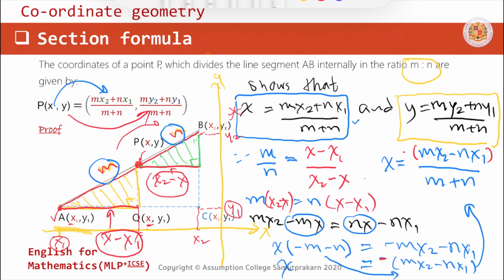You have negative there, right? And when you divide it by minus m minus n, you could take out a common factor, minus and minus, and it cancels, right? So you're gonna get that formula, x equal to mx2 plus nx1 divided by m plus n, just like that.